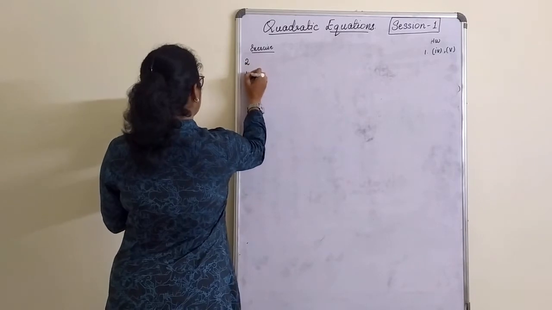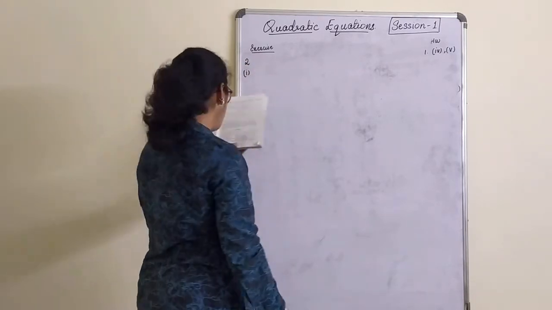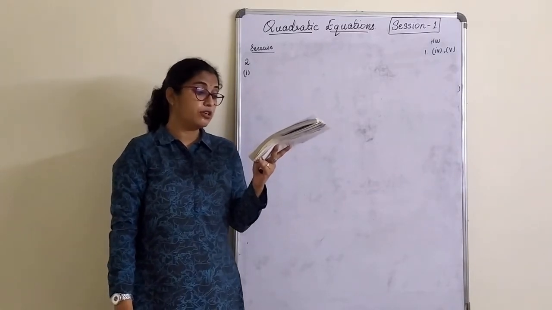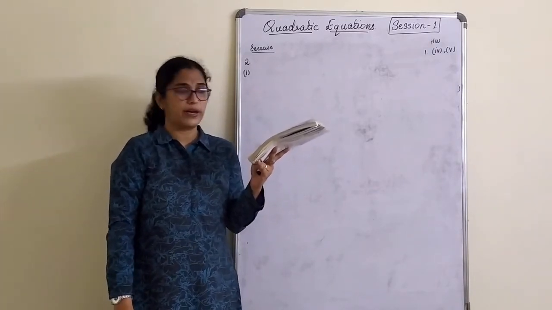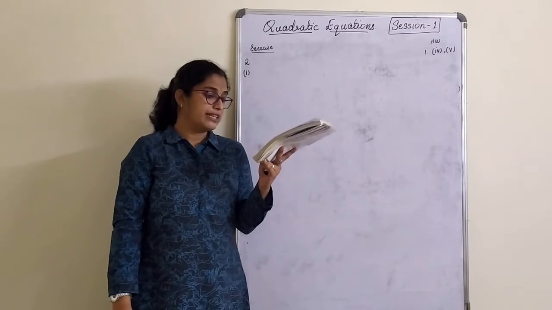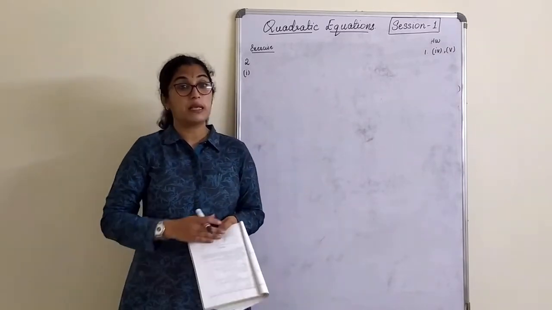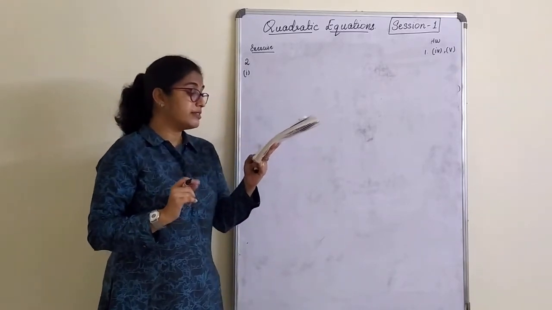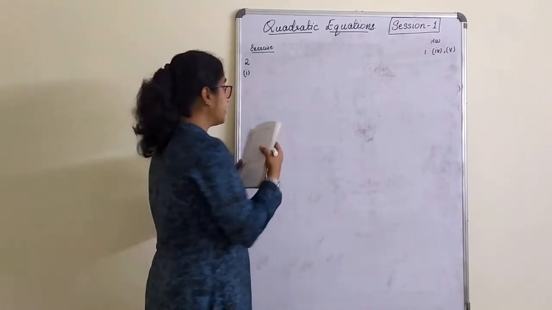First one. The area of a rectangular plot is 528 meters square. The length of the plot in meters is 1 more than twice its breadth. We need to find the length and breadth of the plot. Of course, yes, but not here. It's only framing the equation.